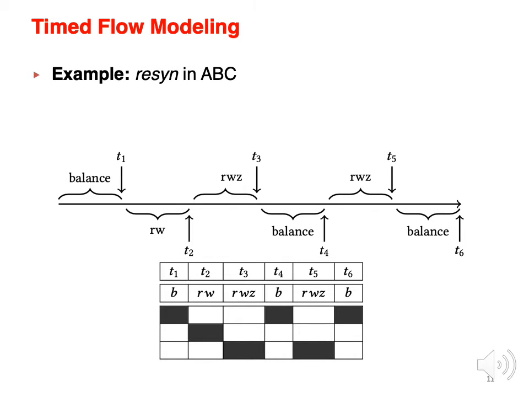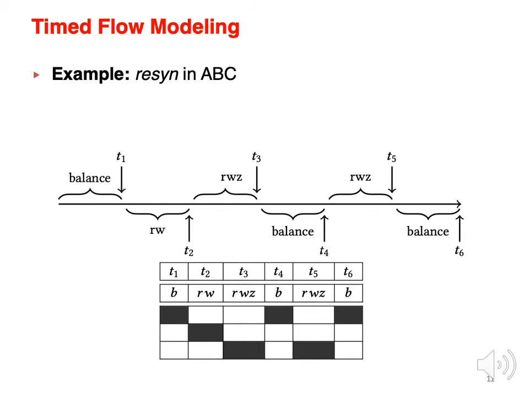The timeline of applying resyn to this design is shown in this figure, where you can see each transformation in the flow is applied to the design at a certain time frame. For example, from the time range 0 to T1, the transformation balance is applied to the design. Then the second transformation jumps in starting at T1 and finishes at T2. So the whole flow will finish at T6.